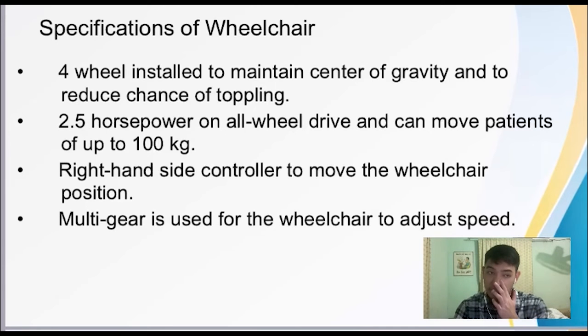As you know, multi-gear can be found on bicycles, and this is to reduce the power usage of the wheelchair engine that is powered by electricity, so that it can conserve energy when the wheelchair is supposed to go on an inclined plane.